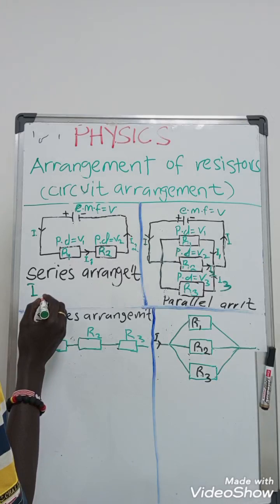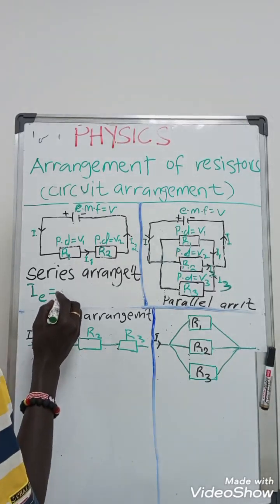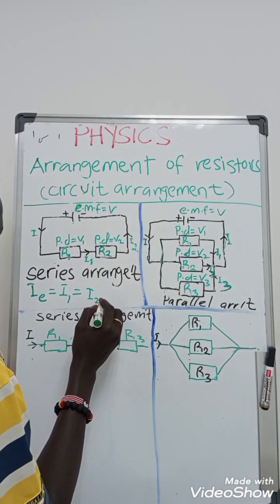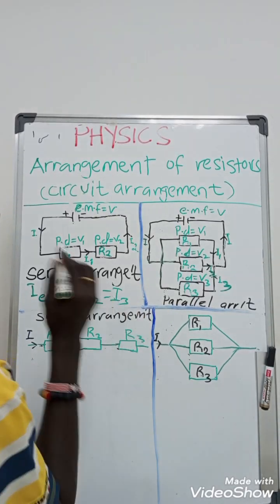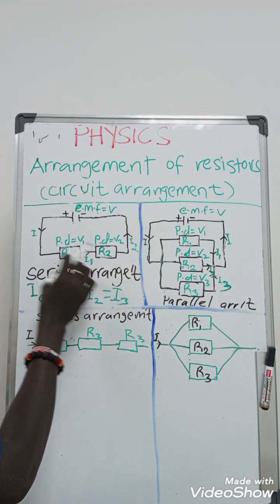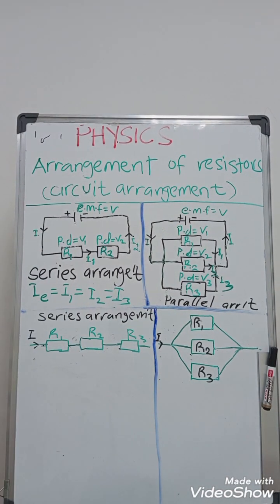Let's say total current is equal to current 1, is equal to current 2, and is equal to current 3. This is all about current flowing across each resistor.